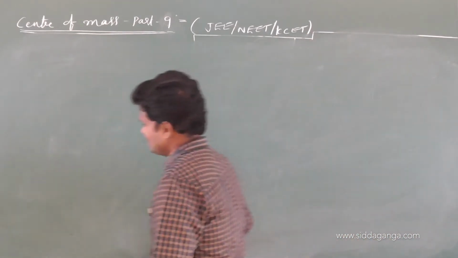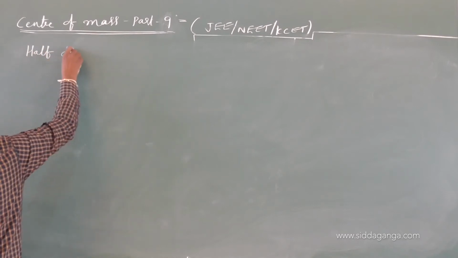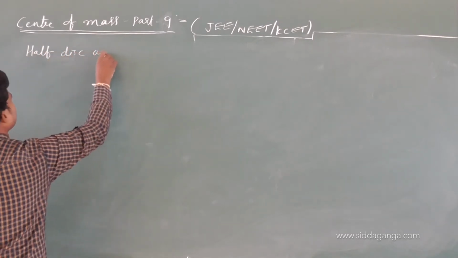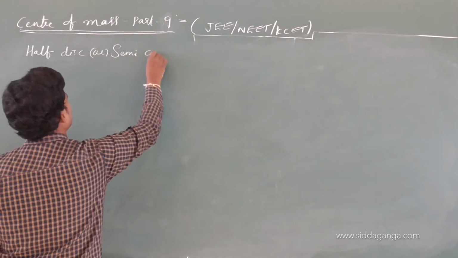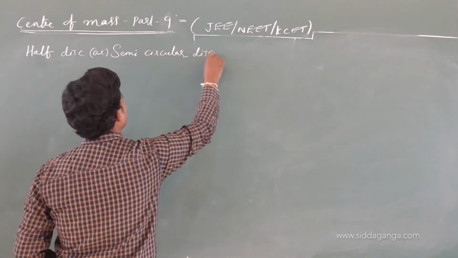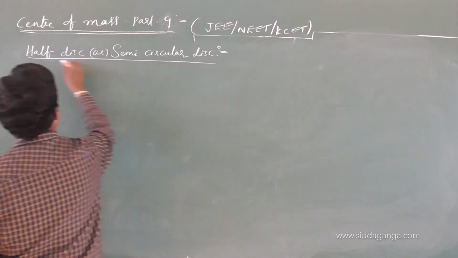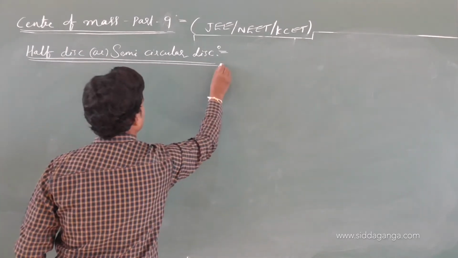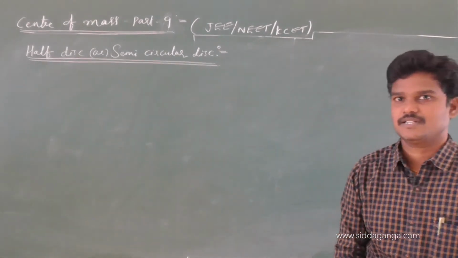See the next object, a half disc or semicircular disc. Now let us get it.